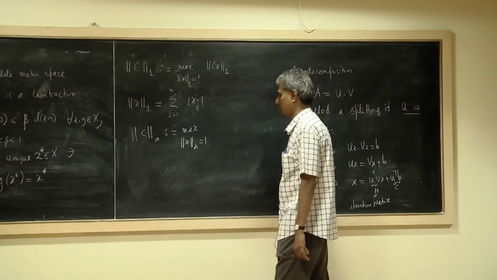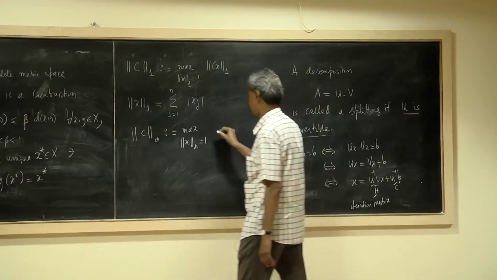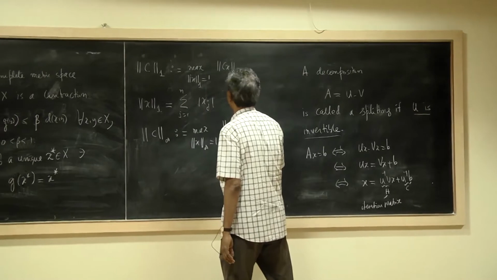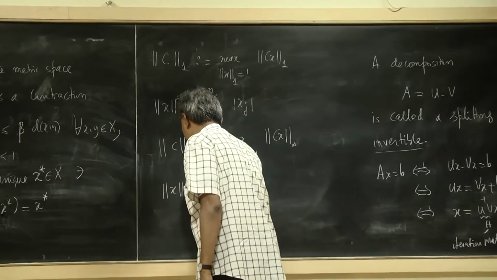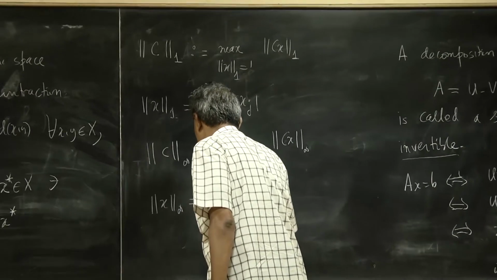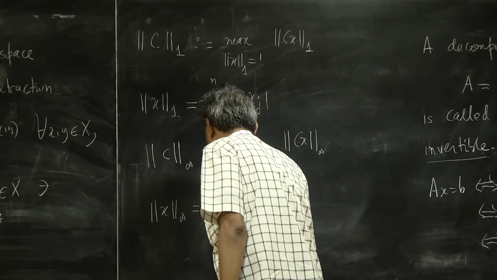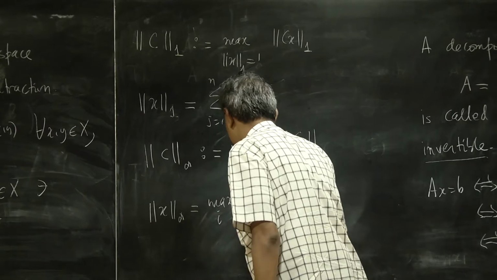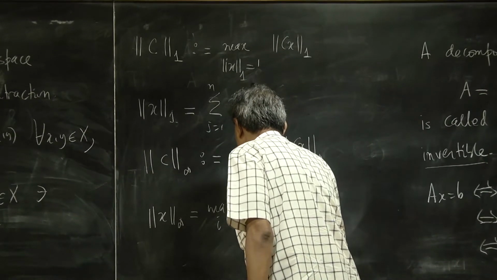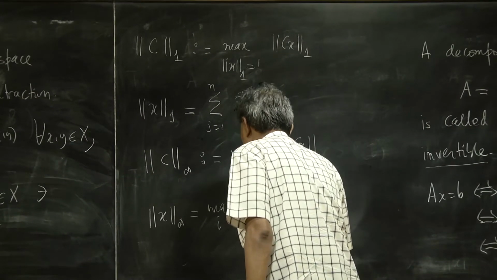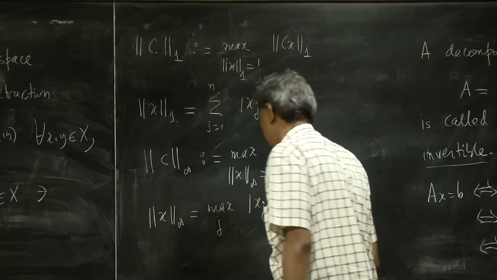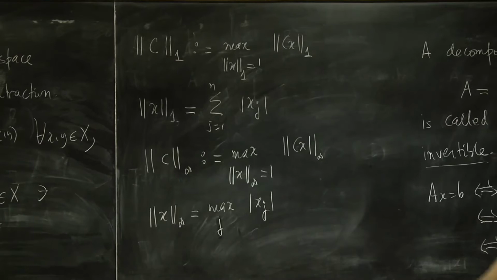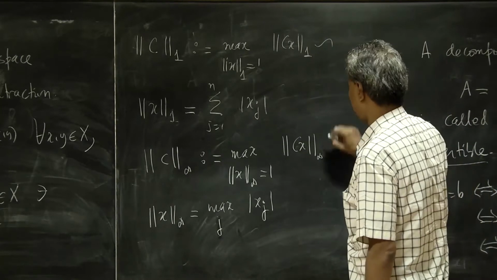If I use the vector norm as the infinite norm, where again the infinite norm is defined as the maximum of mod x_j itself. This is another matrix norm. Okay, this is a matrix norm, this is a matrix norm.